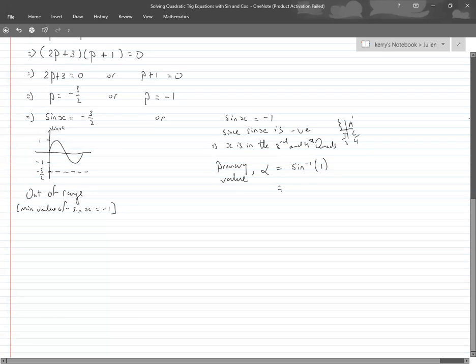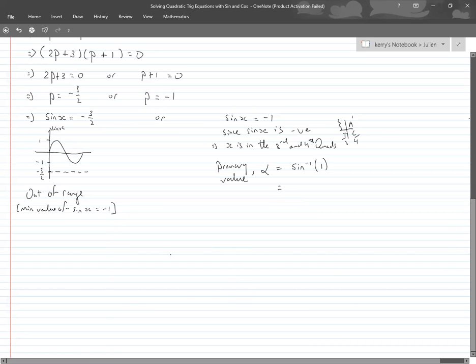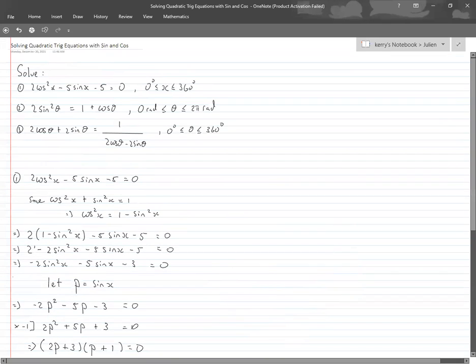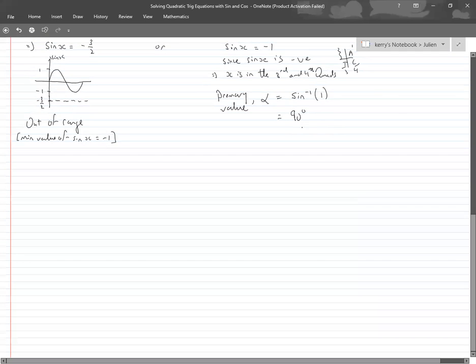Now you can work this out in a calculator, but at this point, sine inverse of 1 is supposed to be fairly easy for you to know. You can always recall from the graph, but this will give us 90 degrees. Now remember, at the beginning of the question, you were supposed to look at the range that we use. The range in this case is in degrees, so this is why our angles are to be in degrees here.